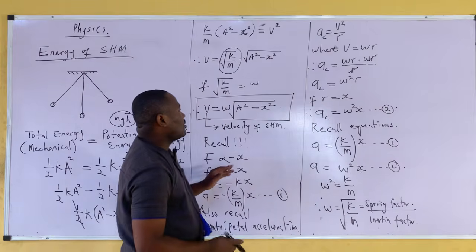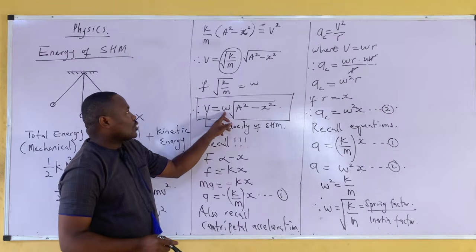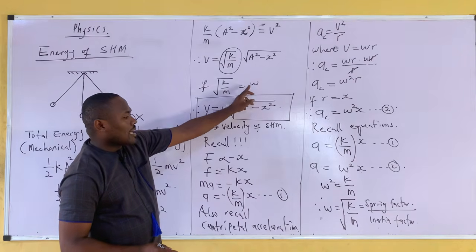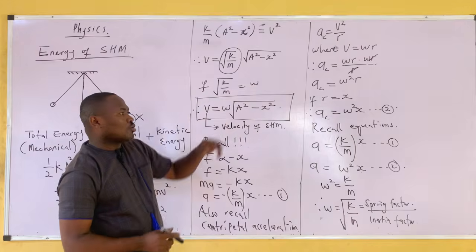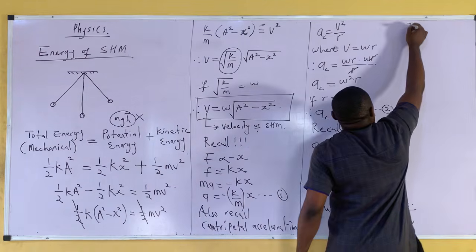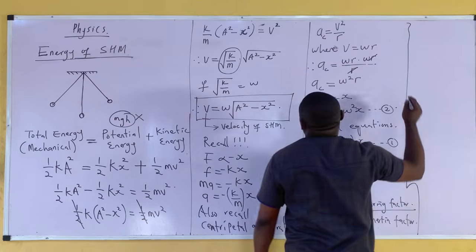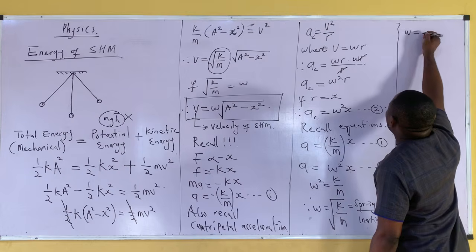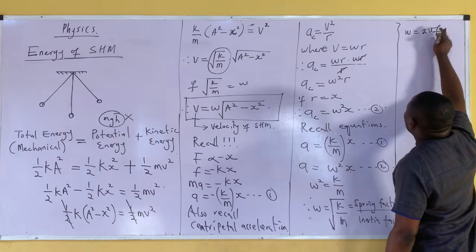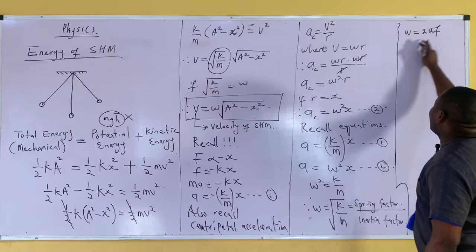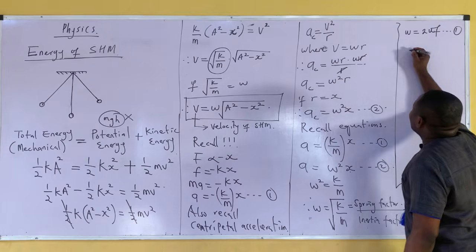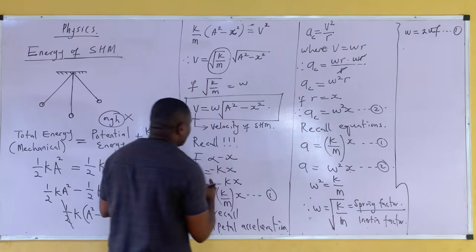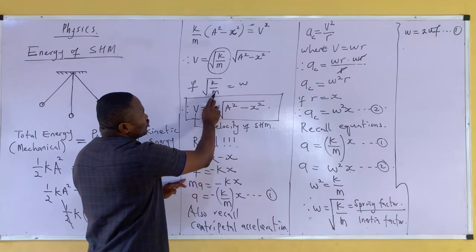Now look at it. If you look at this place, you see why I replaced square root of k over m with w. So take note of this. It's very, very important, and these make very nice questions to solve. I hope you still remember that angular frequency equals 2 pi f.